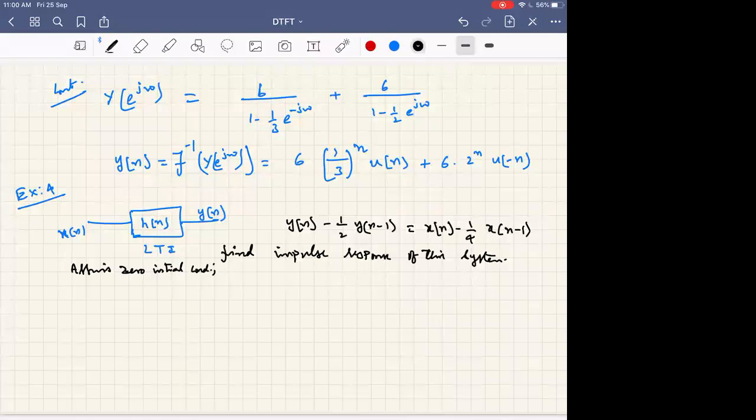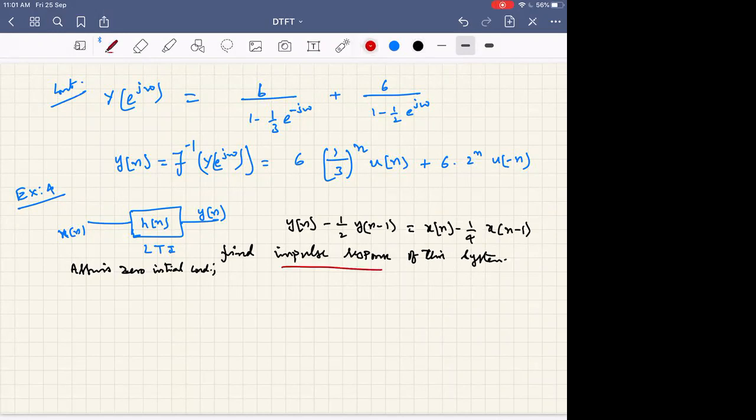Okay, fine. So where should I start? By applying Fourier transform to the difference equation, sir. Okay, so I can apply Fourier transform to this equation and then find the inverse Fourier transform. Fine, but can I simplify that even further, given that I want to find the impulse response?